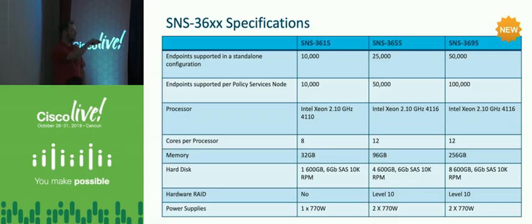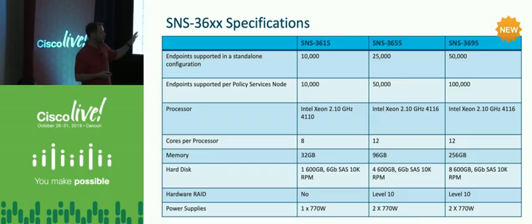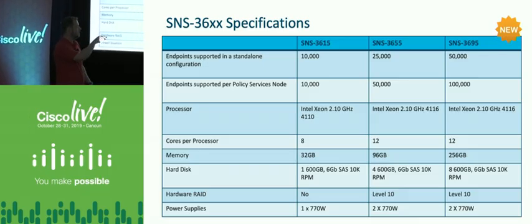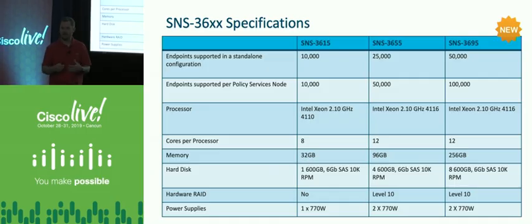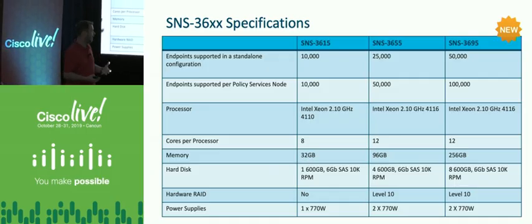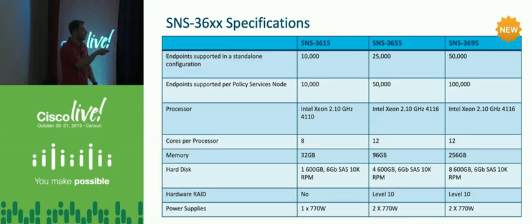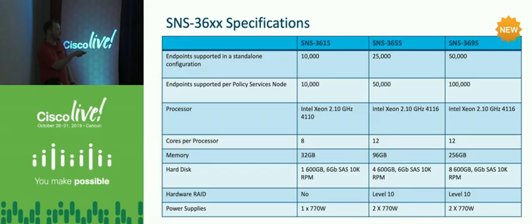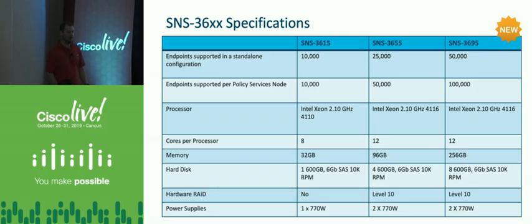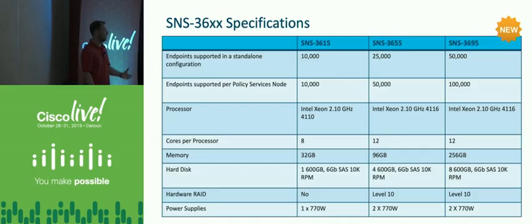So 3595 actually migrates over to this 3655, which is a medium-sized appliance. And the new style hardware is this 3695. We're going to get into all the nitty-gritty details around how we can size. But the key number to see here is this new number of 100,000 endpoints supported per PSN.